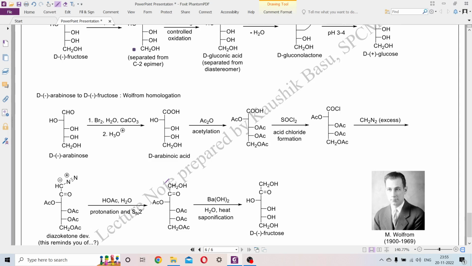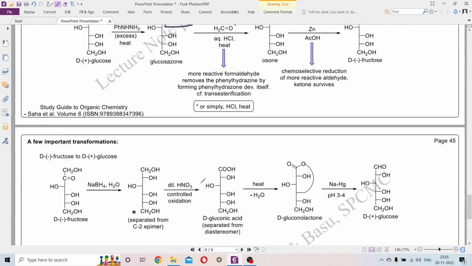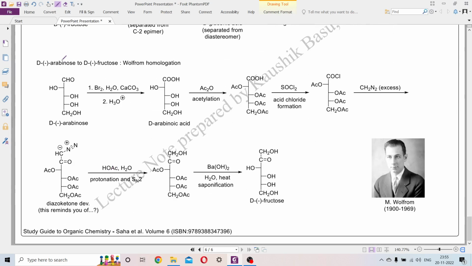But if you are asked to convert arabinose into fructose without involving the corresponding glucose or mannose, then you have no other option but to go for this homologation, known as the Wolfrom homologation after Melvin Wolfrom, whose picture I have presented here. So you start from D-minus-arabinose.